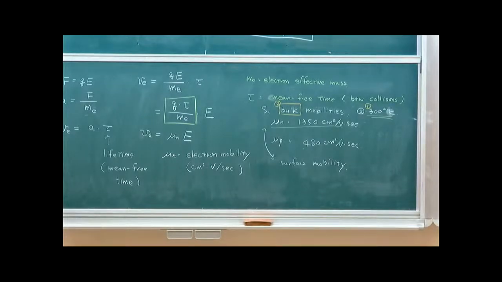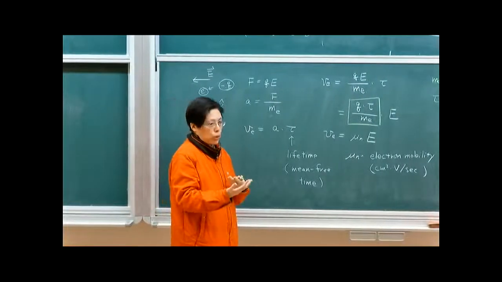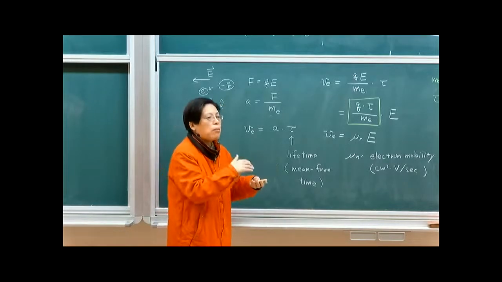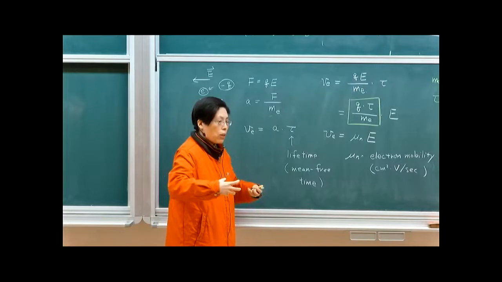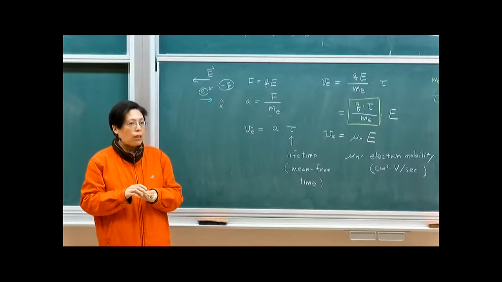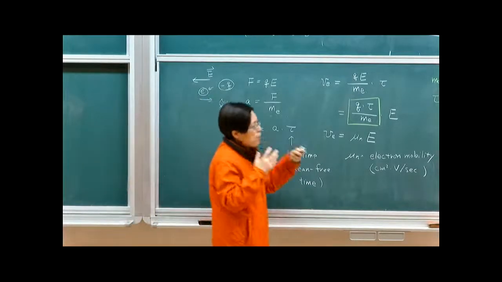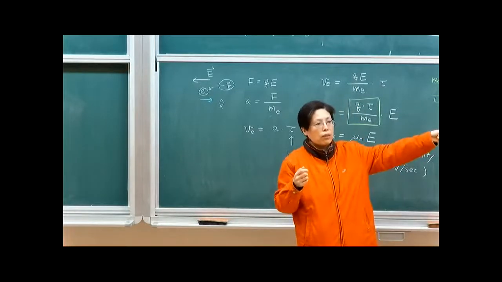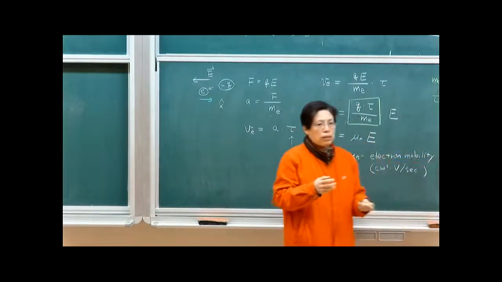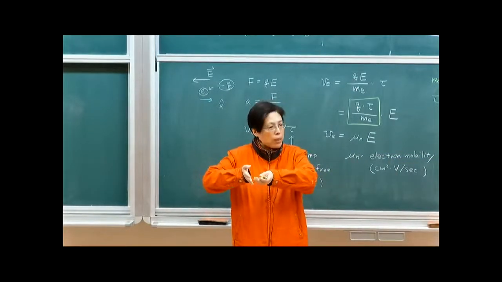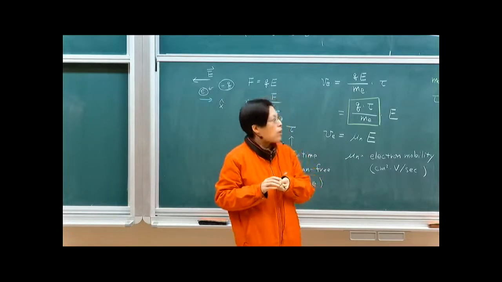You'll collide with the surface a lot, so you will move at a much lower speed. Typically, bulk mobility is the highest of all. You will see even lower numbers in conditions that are more confined, with a lot of additional collision or scattering events. Bulk mobility is how fast you can move if you're outside in the field, and surface mobility is more like being in a confined classroom or channel, so the mobility will be even lower than bulk mobility.